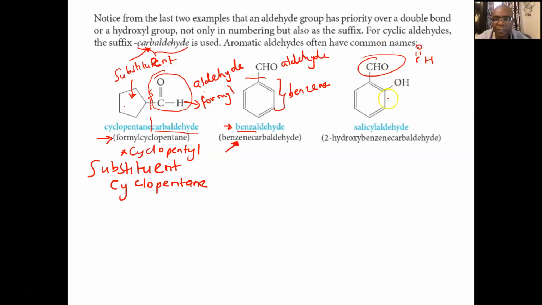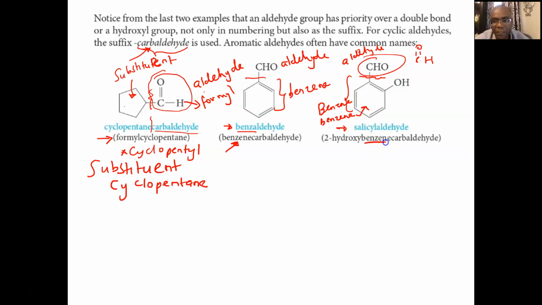If you have an aldehyde and an OH, the name will be salicylaldehyde because that comes from salicylic acid. Alternatively, you would take that as a branch. This is the aldehyde part, and this would be the benzene part.